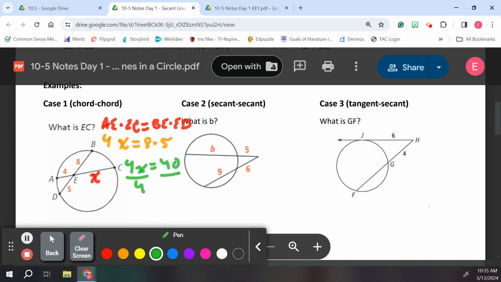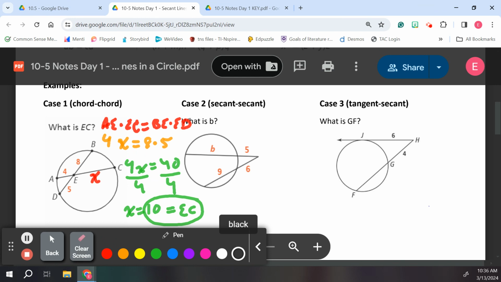Divide by 4, so X is equal to 10, which ends up being EC. So the chords are pretty easy. You just take the product of each part where it's intersected. Questions on that? Anybody still writing?